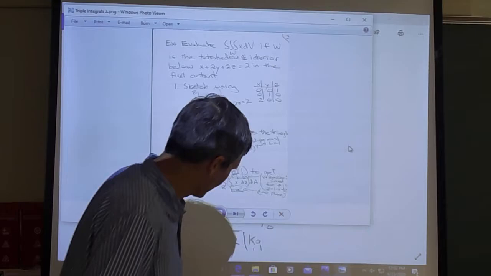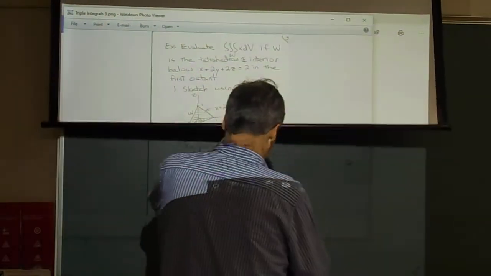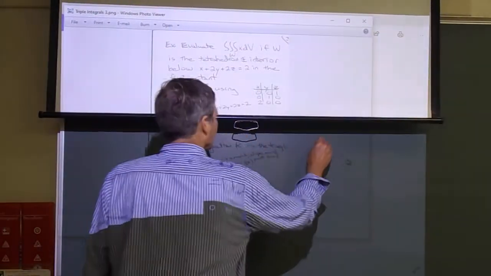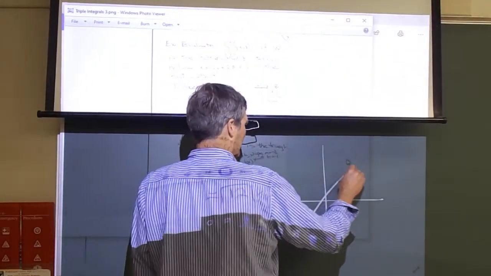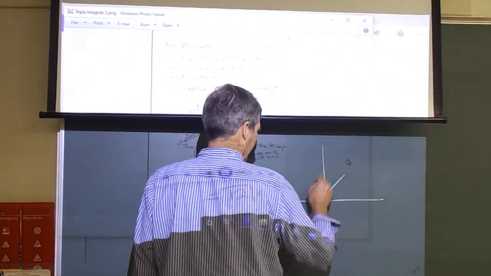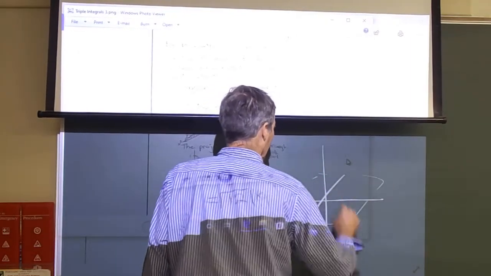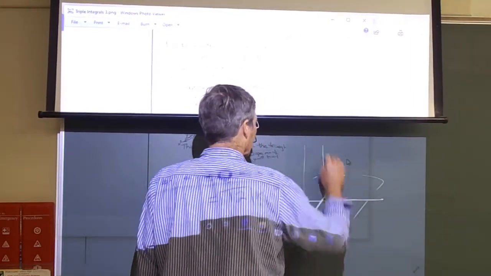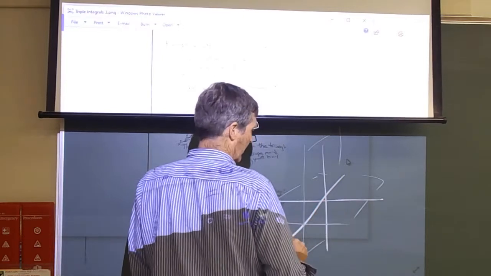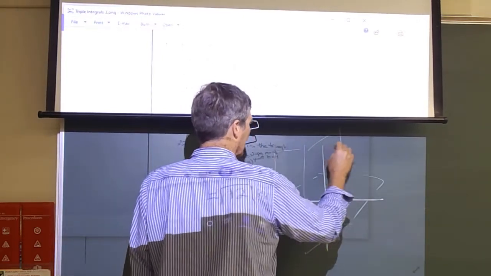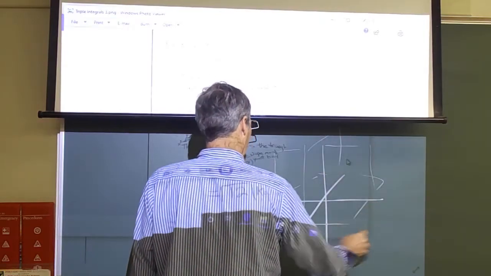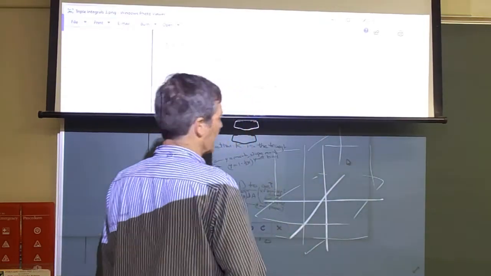Maybe I should draw that. So octant 1 is up here, above the xy plane, and here's the xy plane, here's the yz plane, and then here is the xz plane.